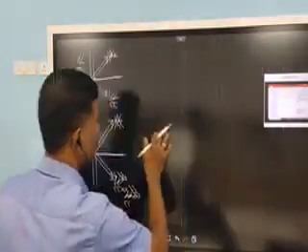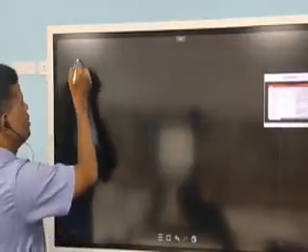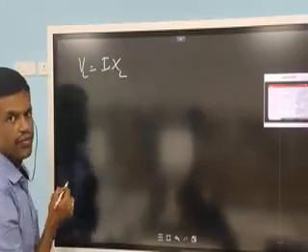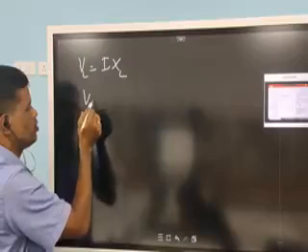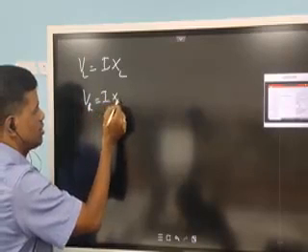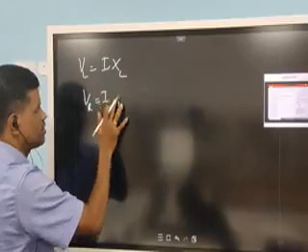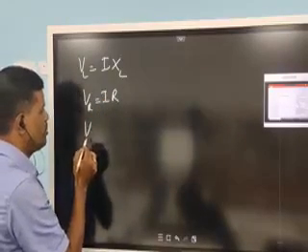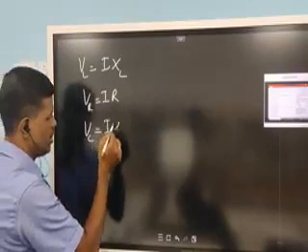Still we can simplify. Since we know VL is equal to I XL, VR is equal to I XR, or XR is equal to R, VC is equal to I XC.